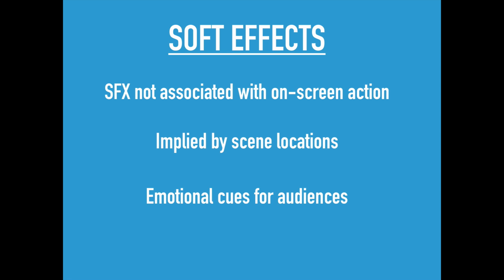But if we have that audio cue of an ambulance, even if it's not visual, then we know there's a reason to be upset about something. So soft effects are not associated with specific on-screen action, but are implied by the location that we're seeing as an audience, and can be used as a tool to create some sort of emotion.